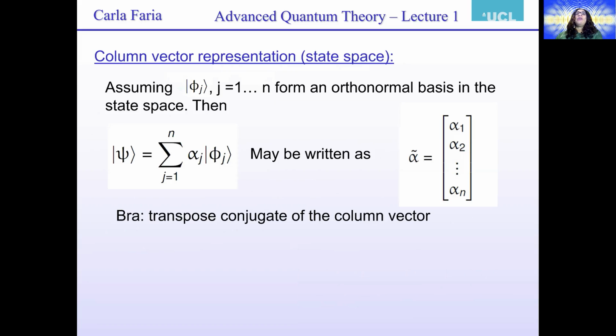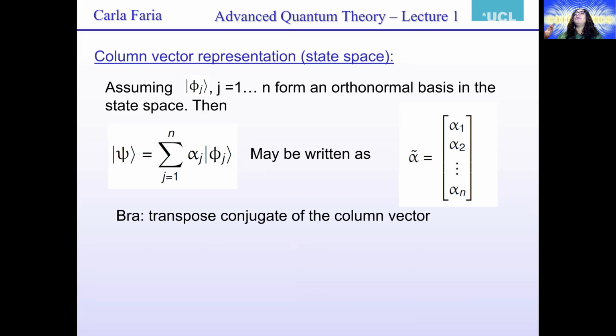Also, you can represent vectors as a column in the state space. So for instance, if you have an orthonormal basis phi j, where j goes from 1 to n, then you can write an arbitrary ket as a coherent sum of that. But you can also write it as a column vector.